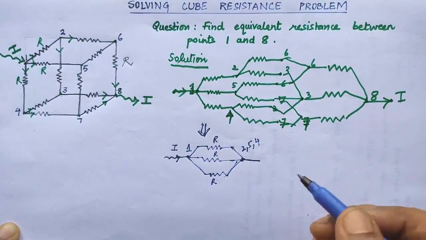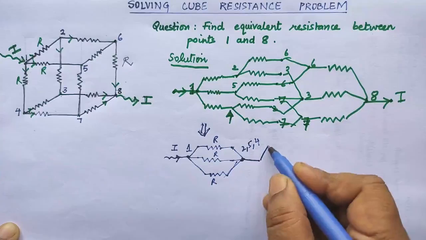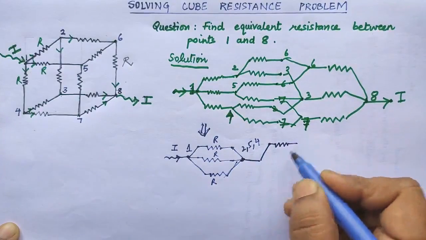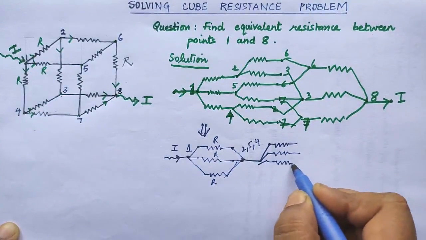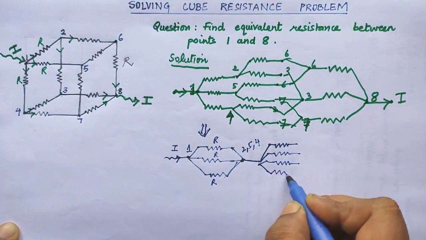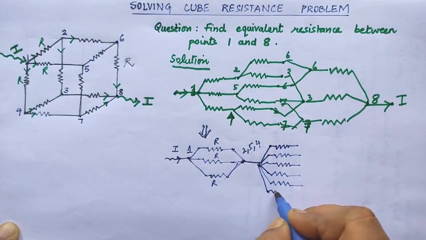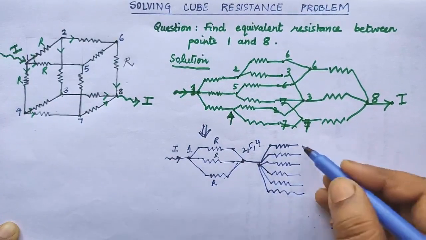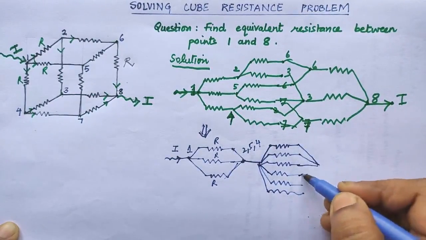Now the current moves ahead and it encounters 6 resistances. So let us draw 6 of them: 1, 2, 3, 4, 5 and 6, and they all meet at one point.